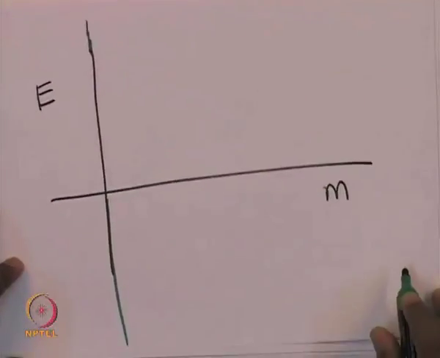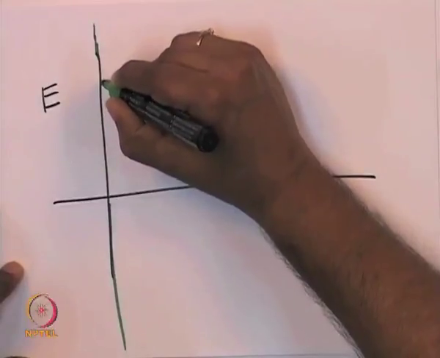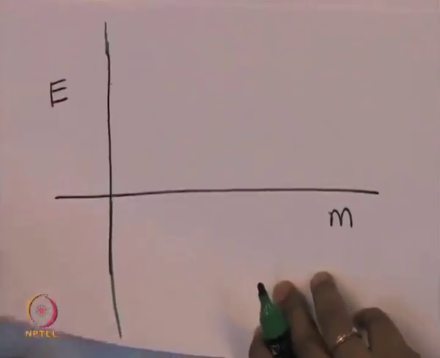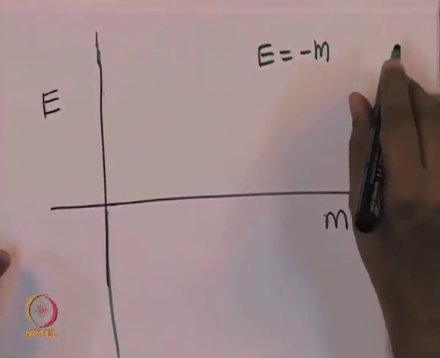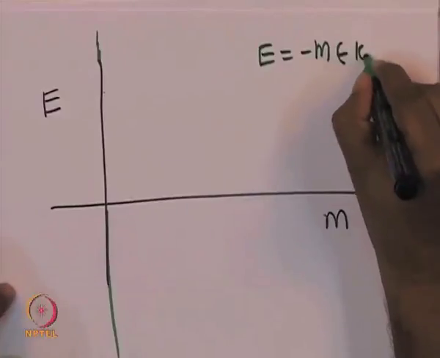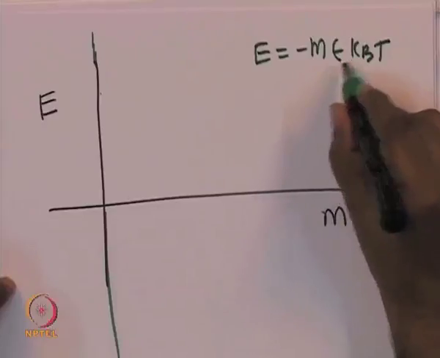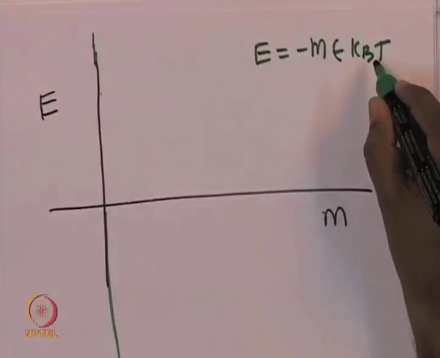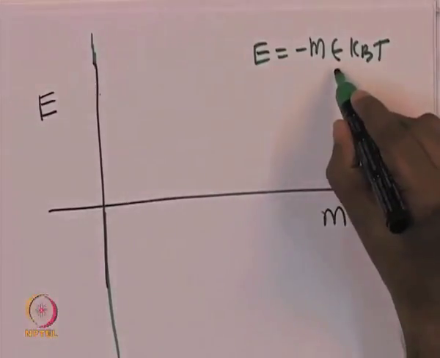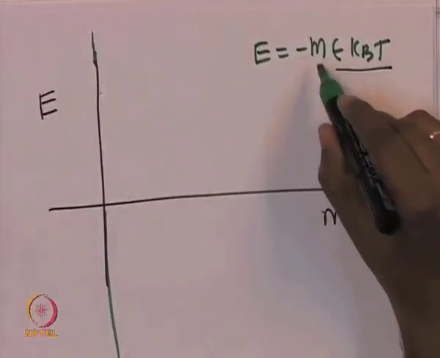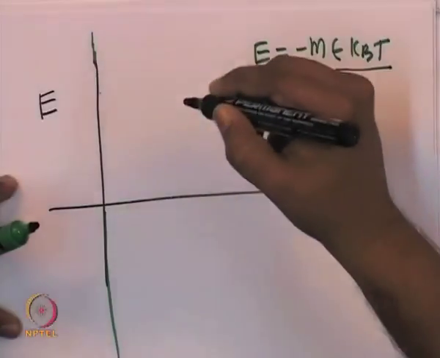Let us say there is a certain energy gain, and the curve will look like minus m epsilon kBT. Epsilon is a positive number, kBT is also a positive number. So, this is like y is equal to minus some constant times x, where x is m here. So, this graph will look like this.